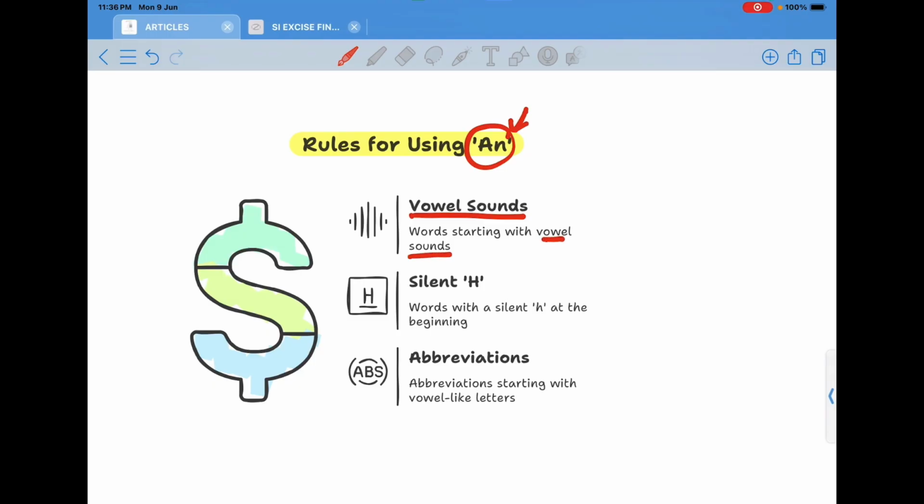In that situation you will use an. Basically before words beginning with vowel. Now what are vowels? A, E, I, O, U. So words starting with vowel, before those words you will use an, right?